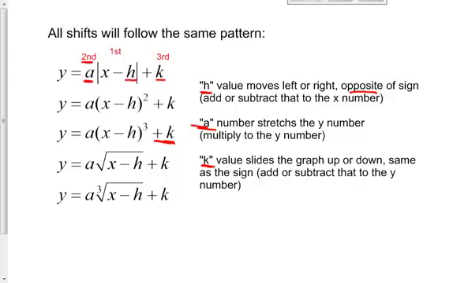If it says +7, you will shift the graph up 7. So this is the order in which we will be moving our graphs. First thing we'll do is change the x number. Second thing we'll do is multiply this a value times the y term. And the third thing we do is add or subtract a k value to your y term.